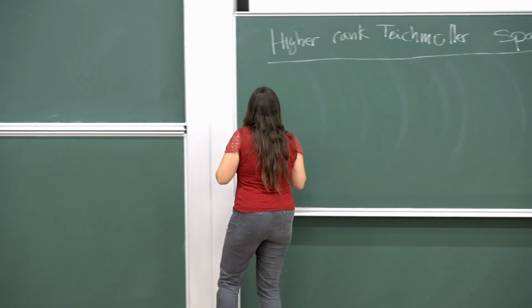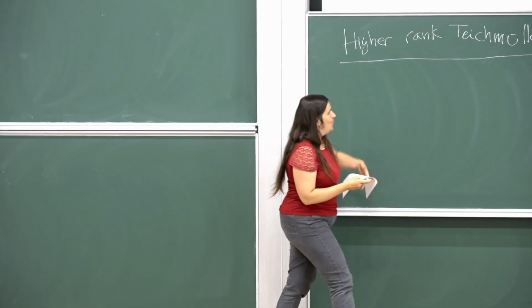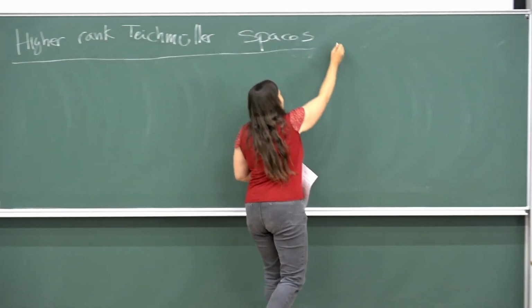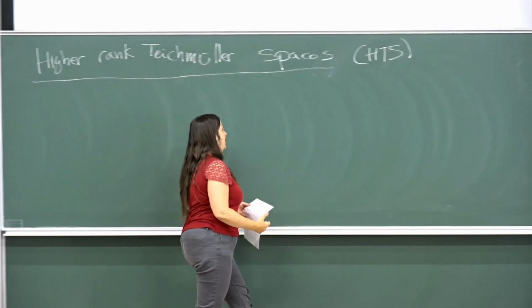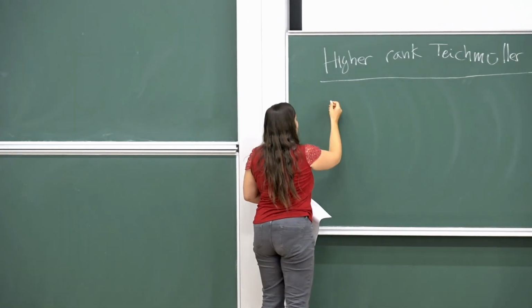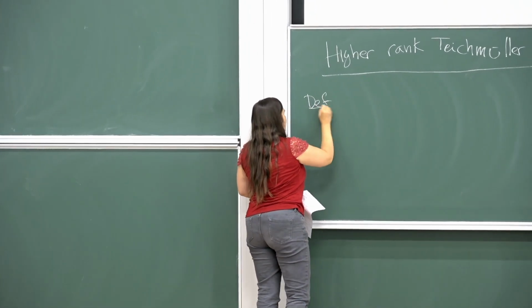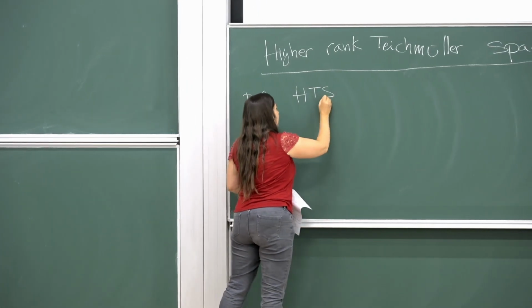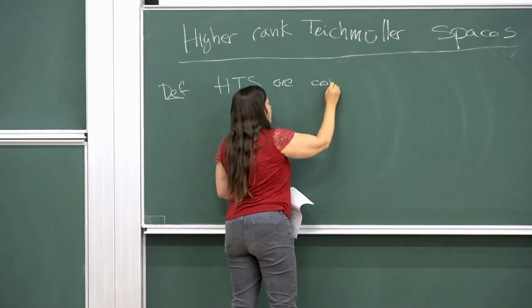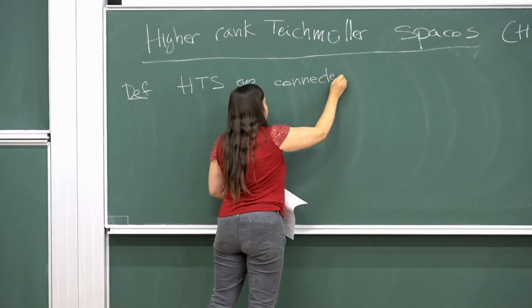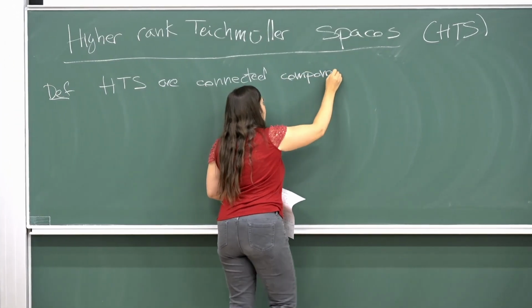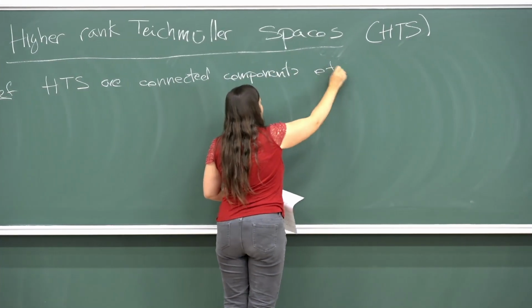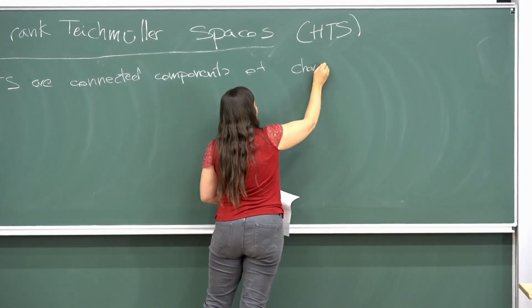So the definition is that I will talk about high-rank Teichmüller spaces. I write HTS for them, higher-rank Teichmüller spaces. And HTSs are connected components of character varieties.